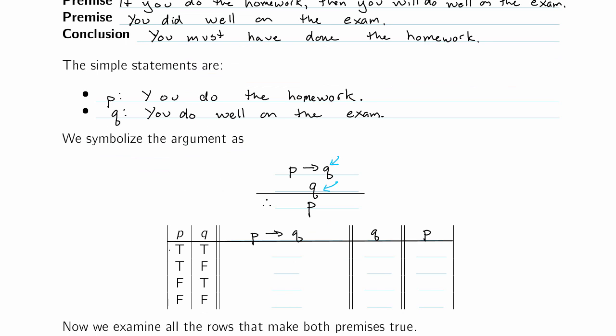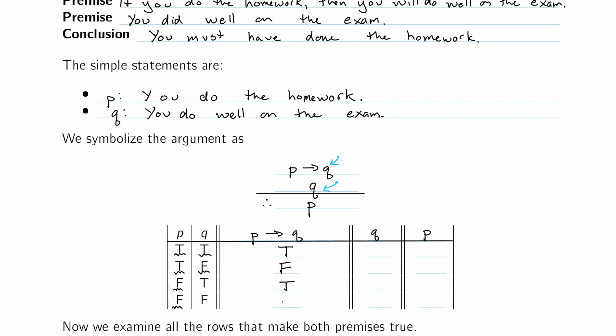So here P is true, Q is also true, if P, then Q is true. Here P is true, Q is false, that's when if P, then Q is false. Here P is false, whenever the if part is false, the conditional is just true automatically.